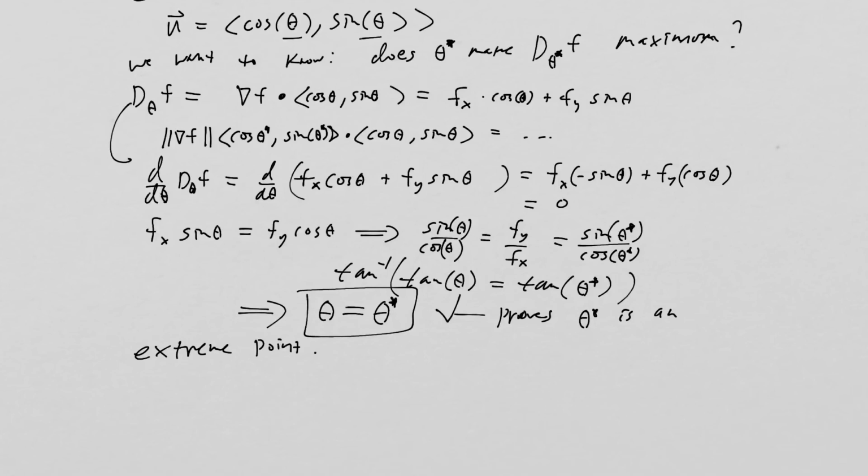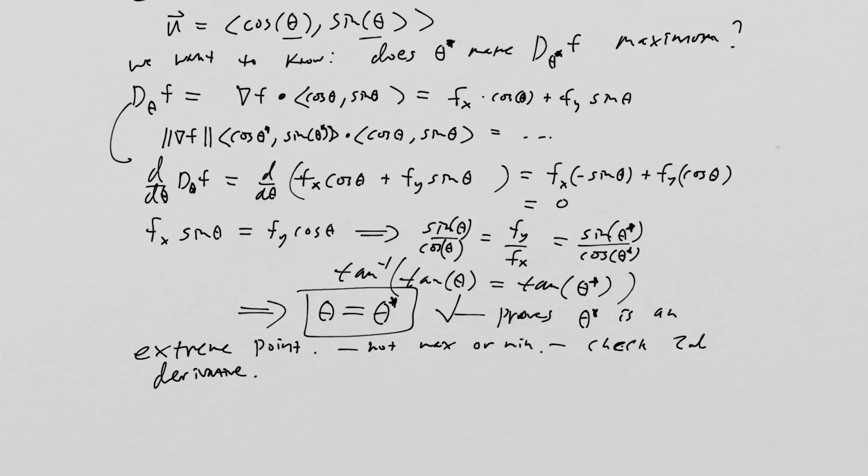It doesn't prove, though, that it's a max or min, just that it's an extreme point. We'd have to go and check the second derivative. We will not do that, but rather, okay, it's either the maximum or the min.